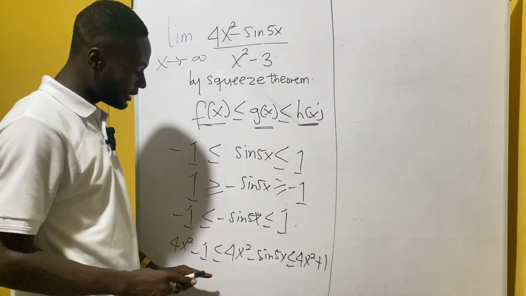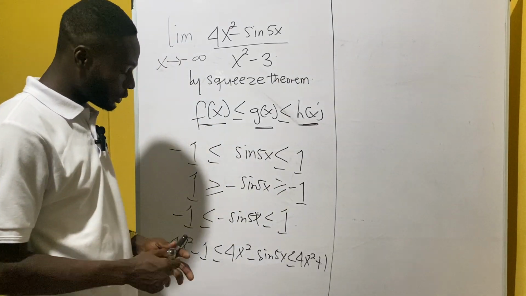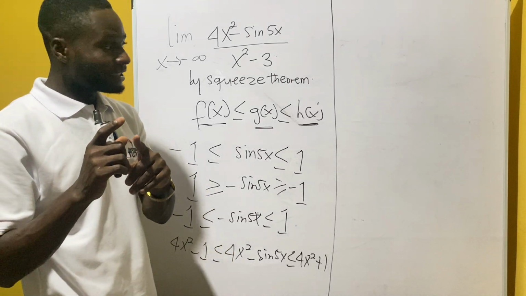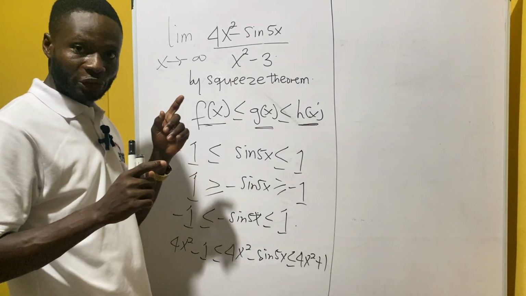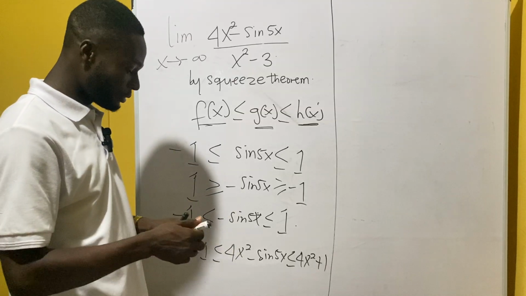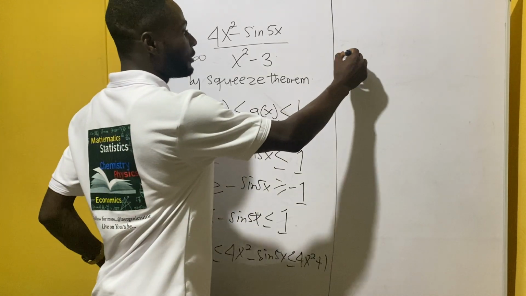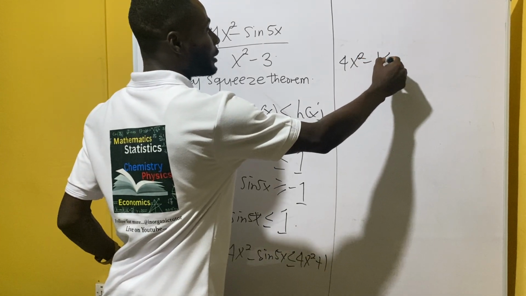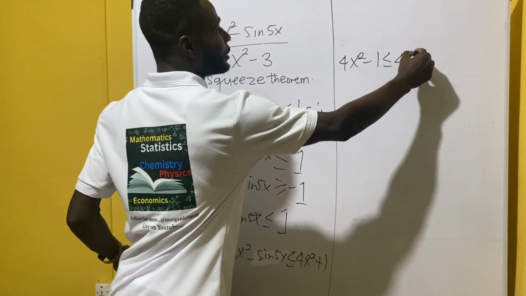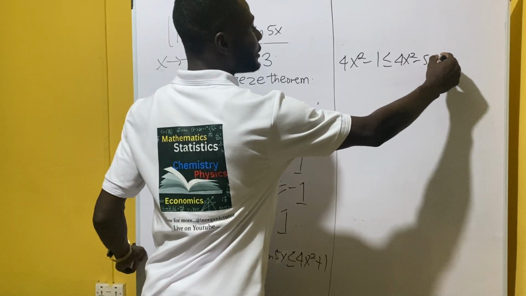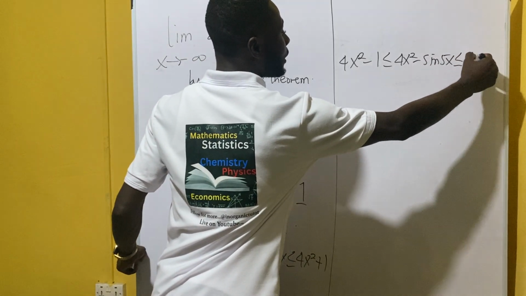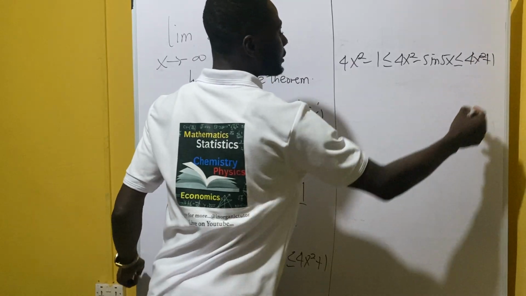So this right here, we can now go ahead and divide through by s squared minus 3. So we have 4s squared minus 1 less than or equal to 4s squared minus sine 5x less than or equal to 4s squared plus 1.